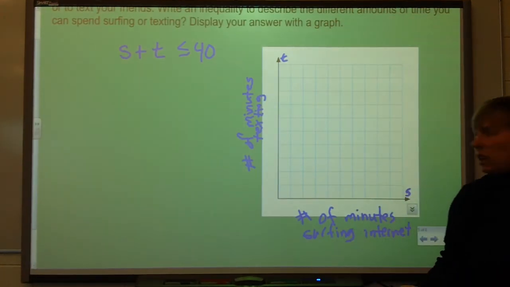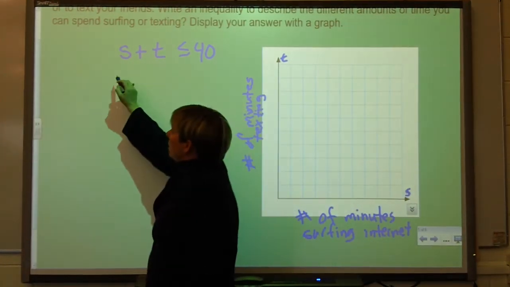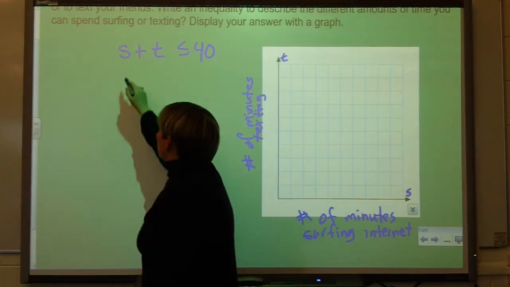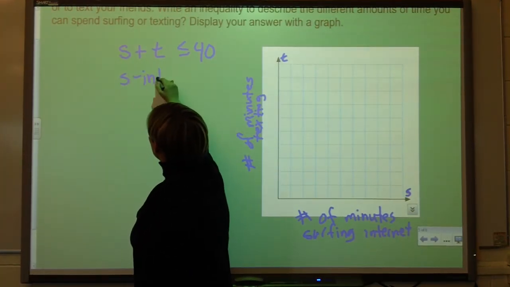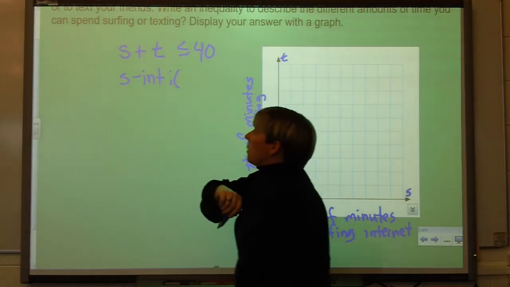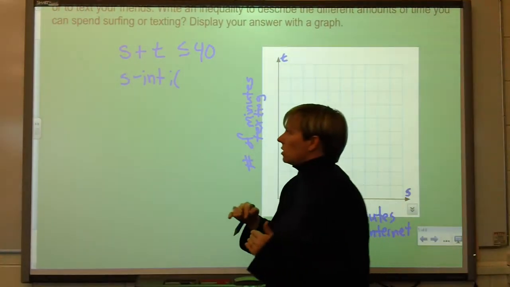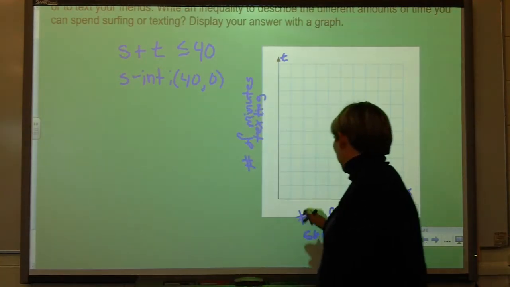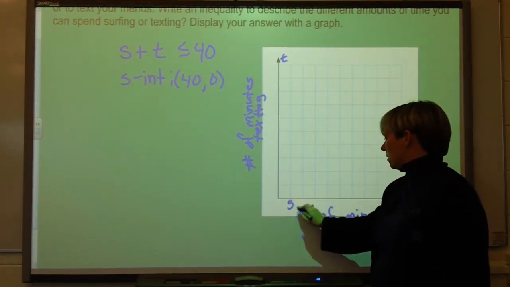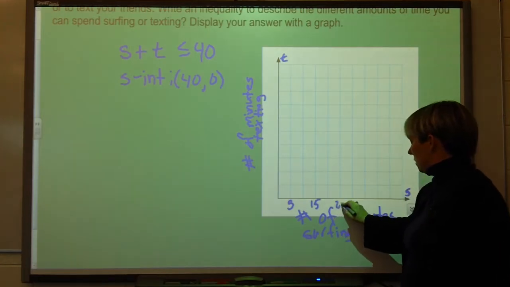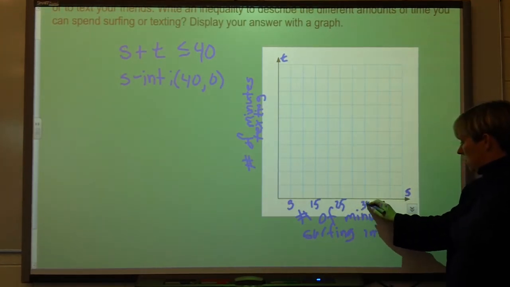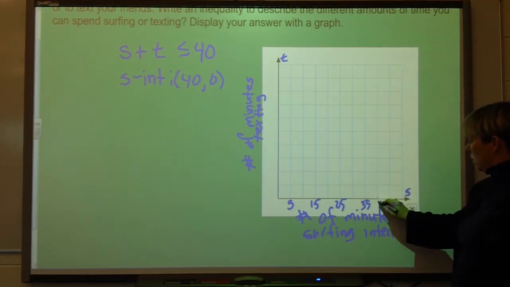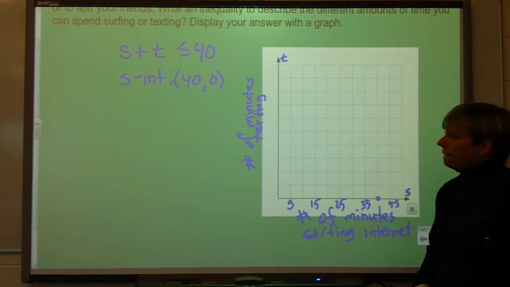Again, it would be easiest to find, in this case, my s and t intercepts. So my s intercept is going to be when I don't spend any time texting, I'm just going to surf the internet. So that's going to be 40 and then 0. I'm going to choose to go by 5s down here. So that would give me that point there.